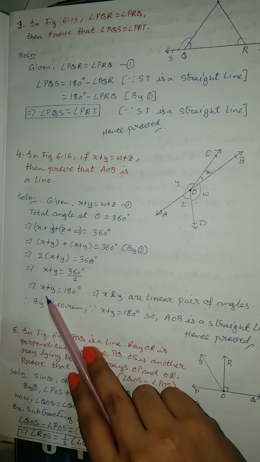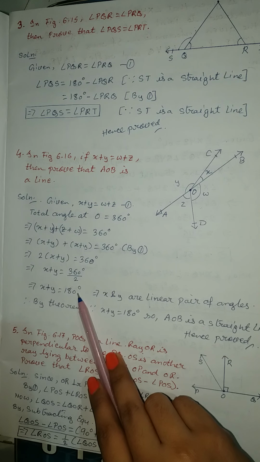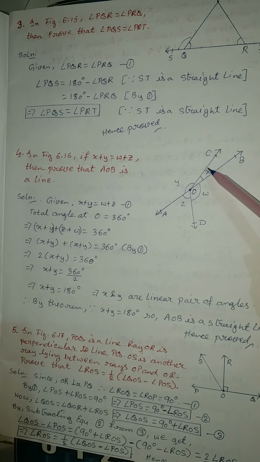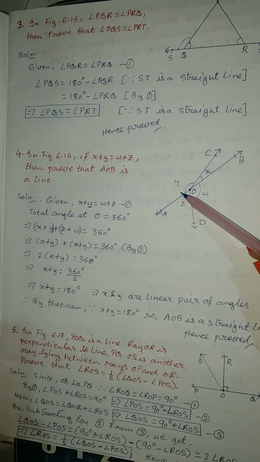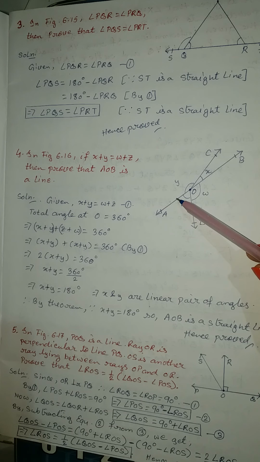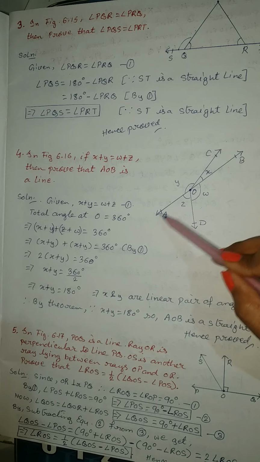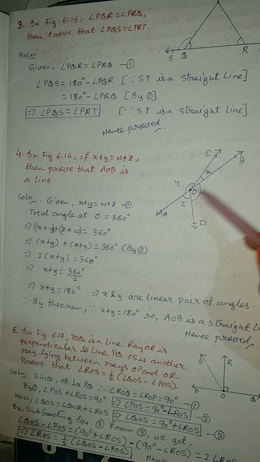Okay, since we are getting x plus y is equal to 180 degrees, what does it refer to? Let us look at the diagram. See, we can see this angle plus this angle is equal to 180. Okay, so for a line or for two rays, these are two rays OA and OB.